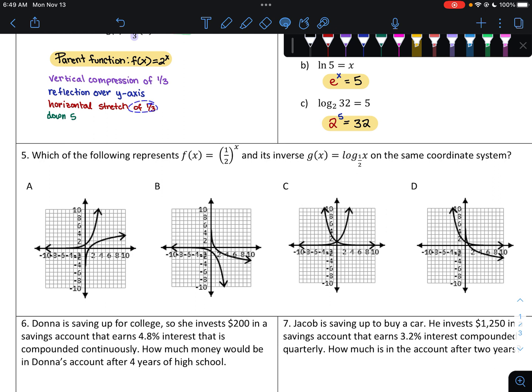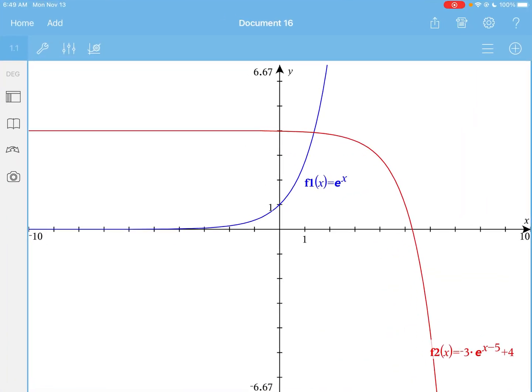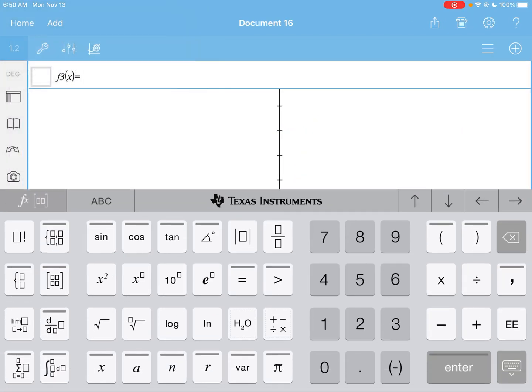So you graph them on yours, I'll graph them on mine. If you're using the 84s, remember to get logs of different bases, you hit alpha window 5. Alpha window 5.